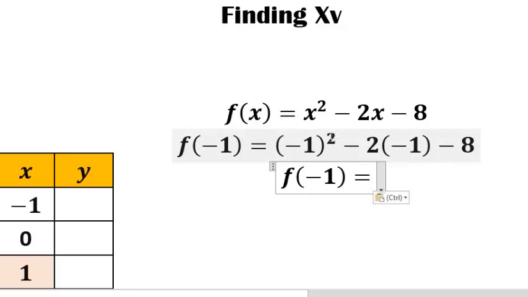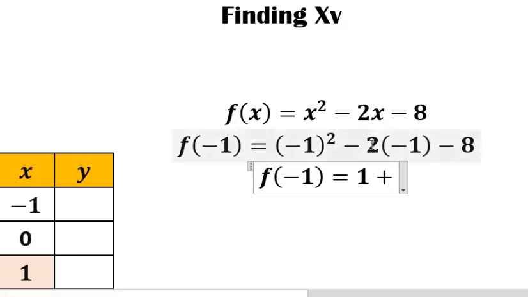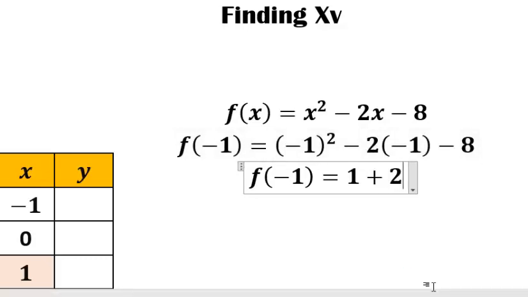Minus 1 squared will be minus 1 times minus 1. So you're multiplying minus twice, so minus and minus will be plus, and 1 times 1 will be 1. Now this one, minus 2 times minus 1. Double minus is plus, and 2 times 1 is 2.